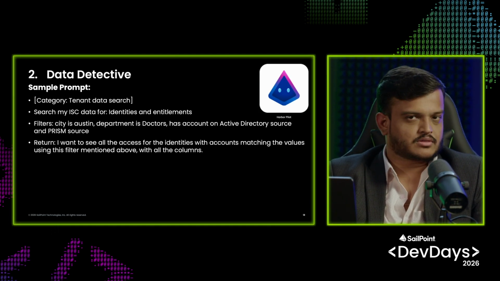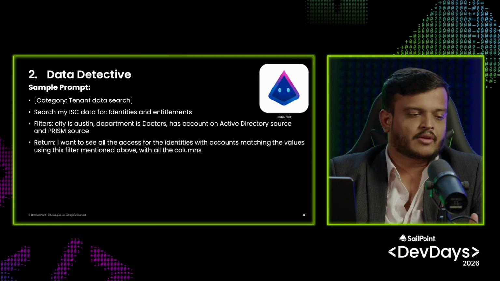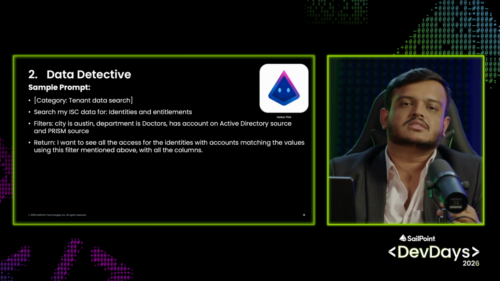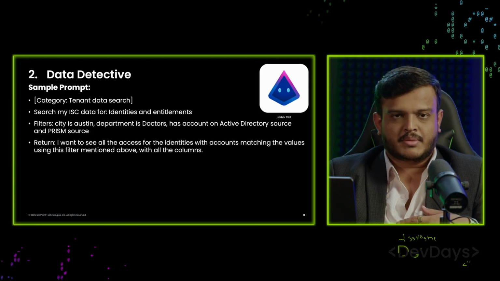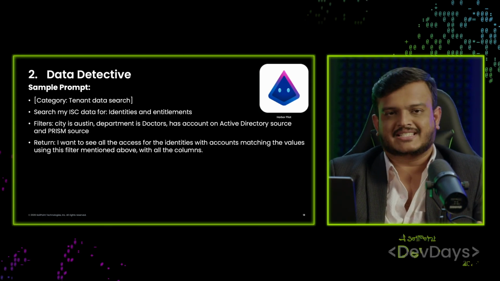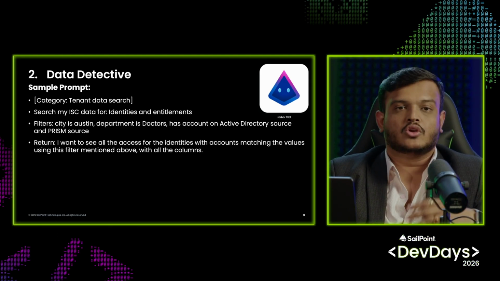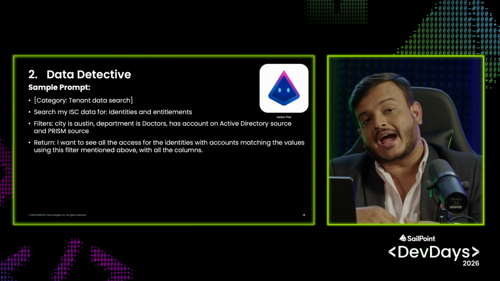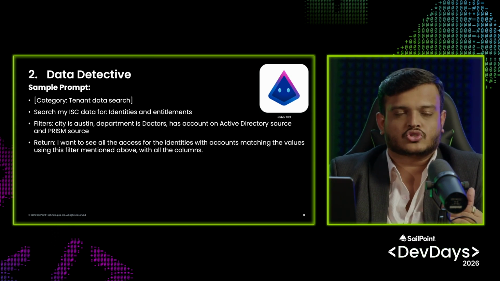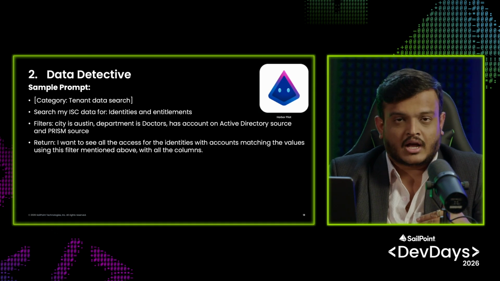We're going to go with a scenario that I wouldn't say is complex, but is most common. Someone has an account on a source, and you are looking for identity attributes, not the attributes coming from that specific source.